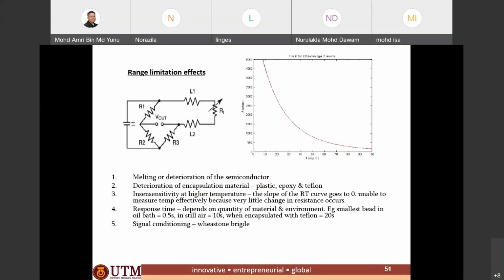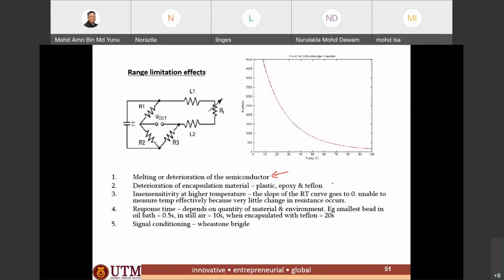The limitation is because the material is semiconductor material, which has a low coefficient, so it cannot withstand extreme temperature.